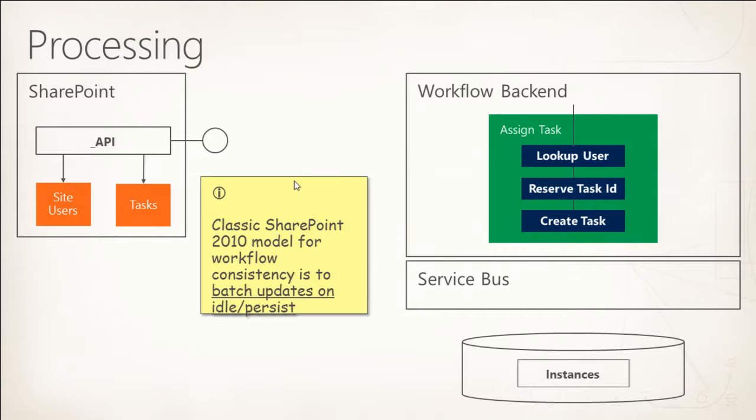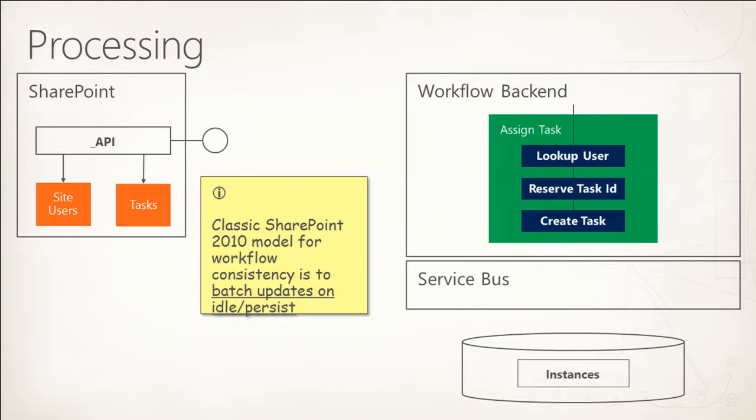So a note here is that we're going to look at how the consistency model works, and some of you that have done a lot of workflows with 2010 know that in 2010 we had a consistency model. Consistency is what is the state of the workflow versus what is the state in SharePoint. We had a model that we called batch updates, and then write on.